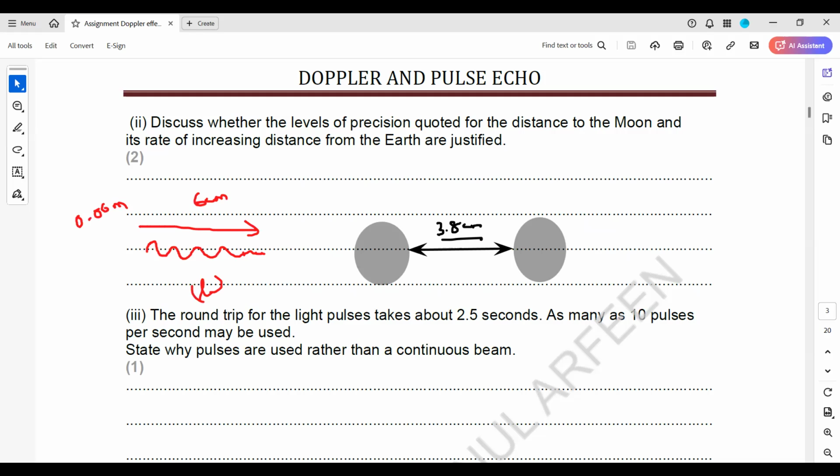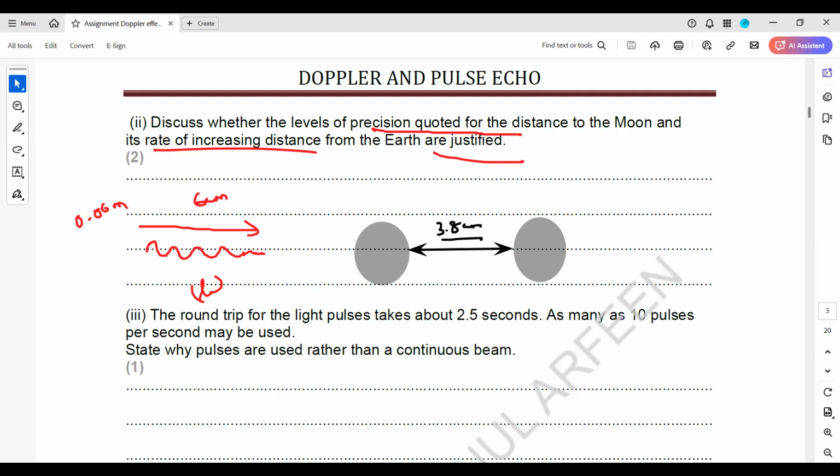So it's not suitable. Why? Because a 6 centimeter pulse is longer than 3.8. So the correct answer, how you write the answer, you will say no, it's not justified.